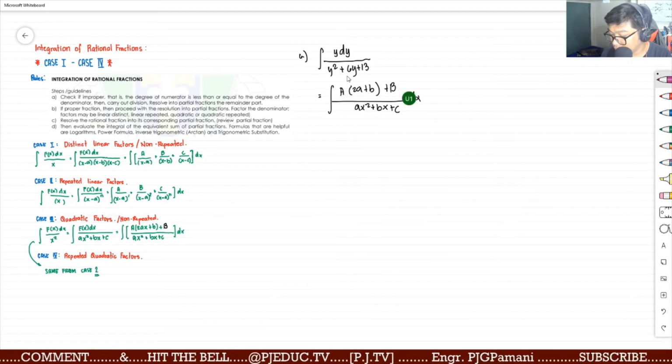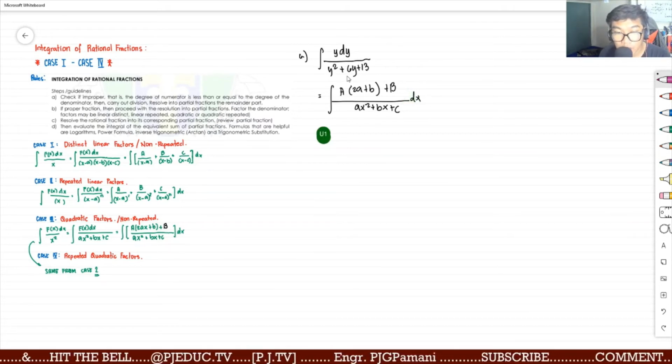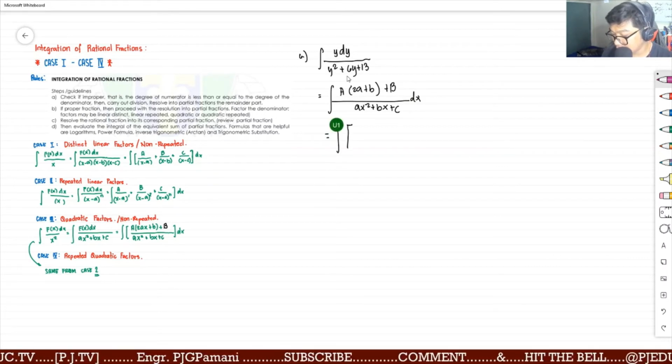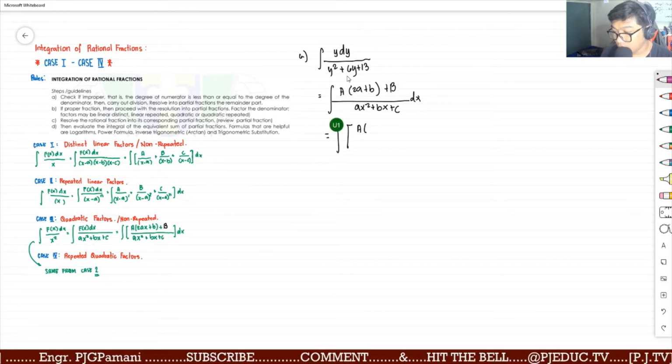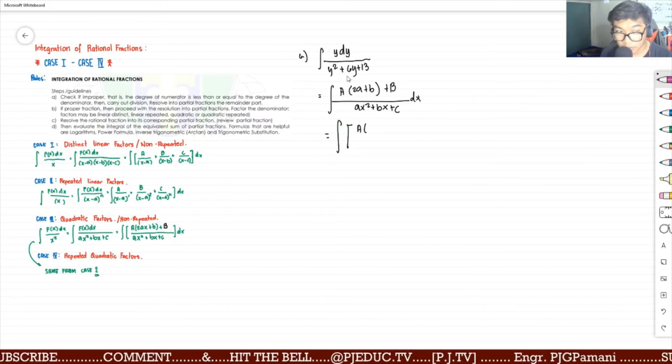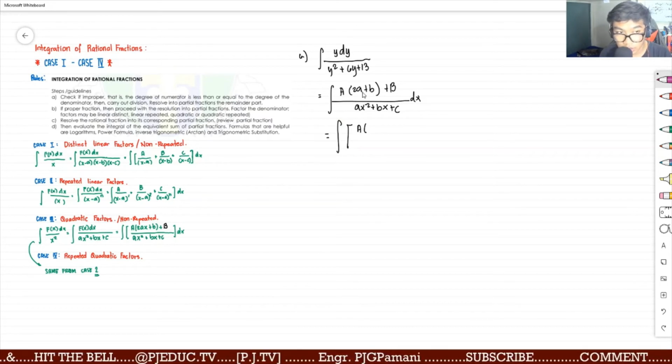Knowing that it falls under case number 3, quadratic factors non-repeated, direct substitution lang tayo dyan. That is A times 2y plus 6. Tama ba?